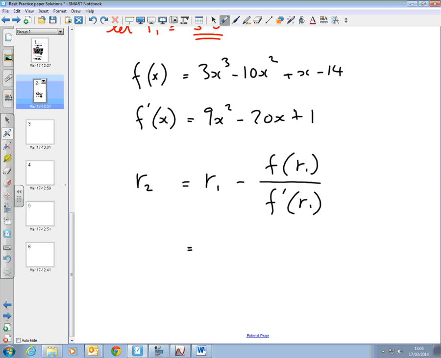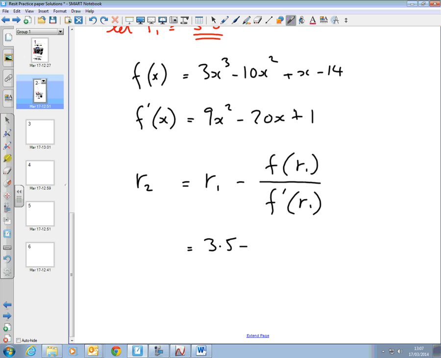So our first guess, remember, was 3.5 minus, now I have to work out what the value of this function is when x equals 3.5 and the value of the first differential when x equals 3.5. So that's when I get my calculator out and work out what each of these is.